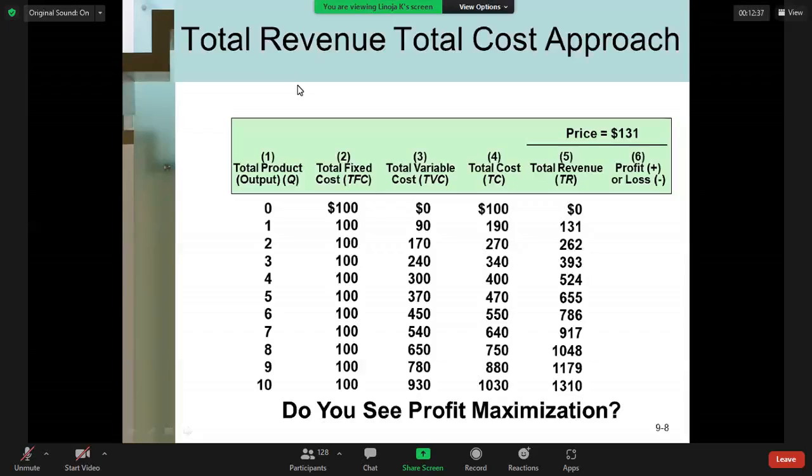The condition is which value has the greatest difference between the total revenue and total cost. First of all, find out this profit or loss. Sometimes you will have a plus value, sometimes a negative value. So find out that one.